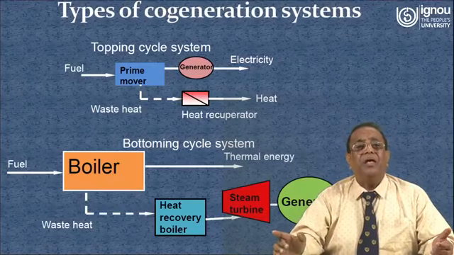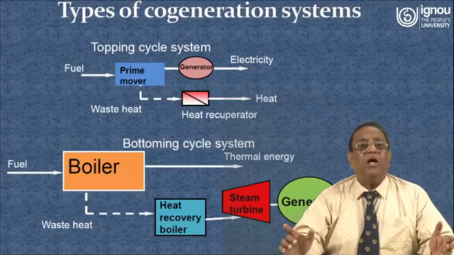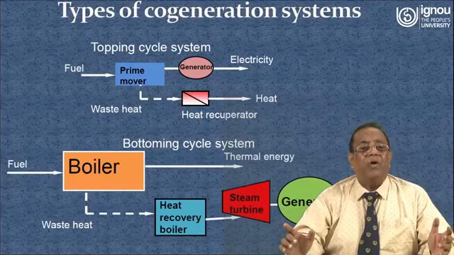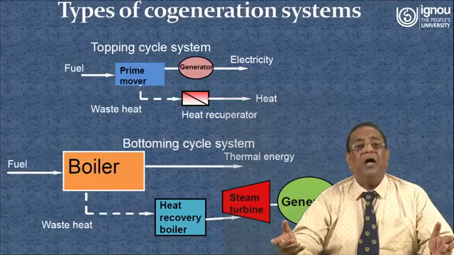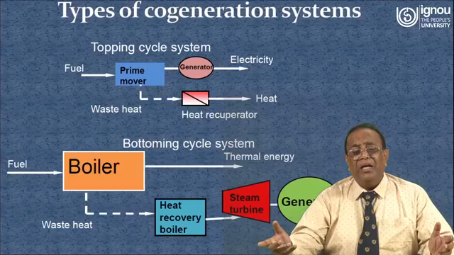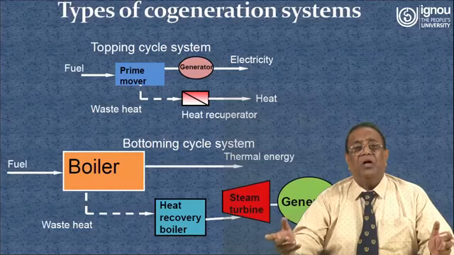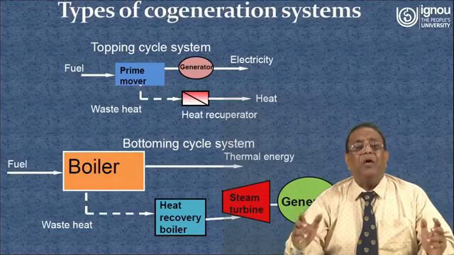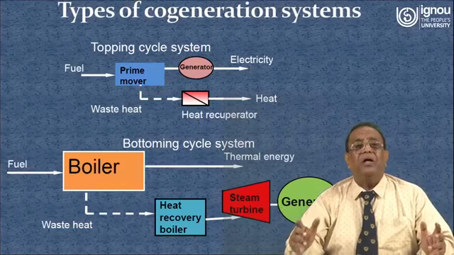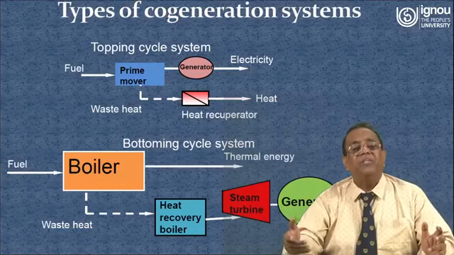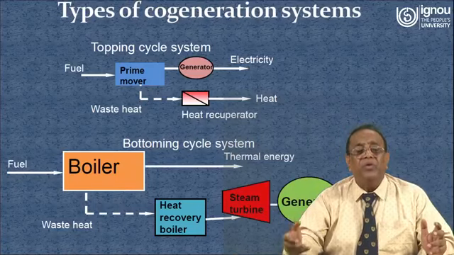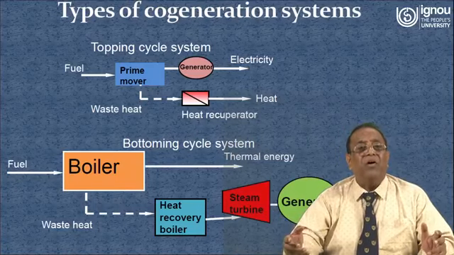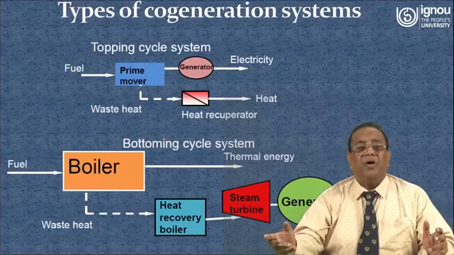In the topping cycle system, there is fuel as input, a prime mover and the power generation unit, and we get electricity as an output. But for the topping cycle, the important thing is to generate electricity first. After that, we use the waste heat for heating purposes.